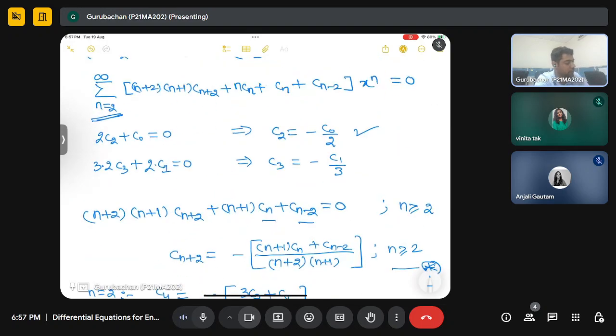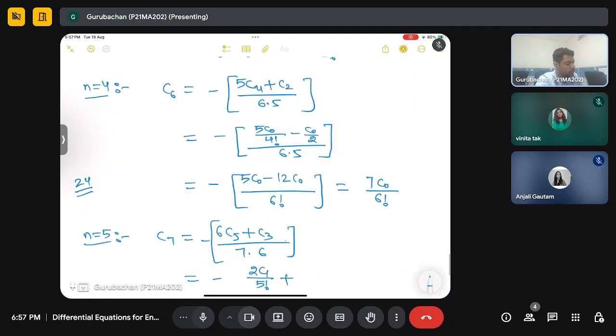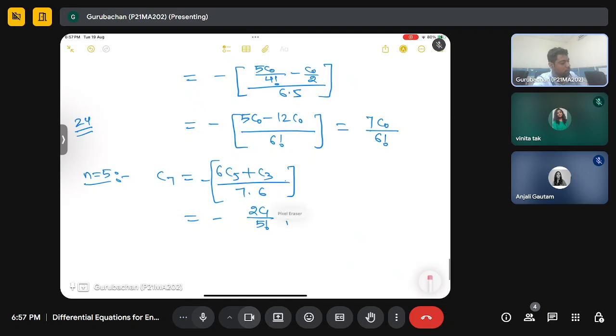C3 we may also write in the form of minus 2 times C1 divided by 3 factorial. It will become a little easier to make the relation in terms of factorial. So this will give you minus 2 times C1 divided by 3 factorial, divided by 7 into 6.